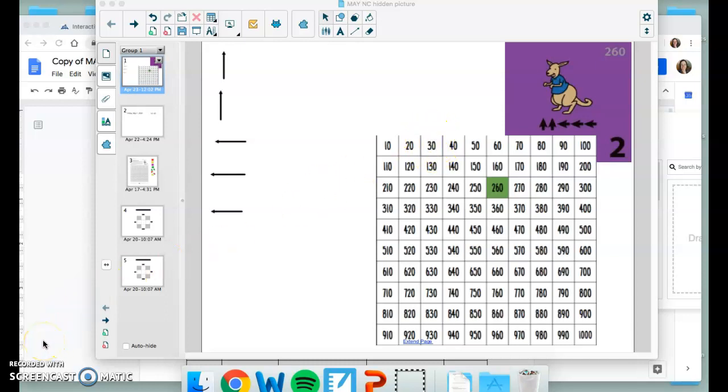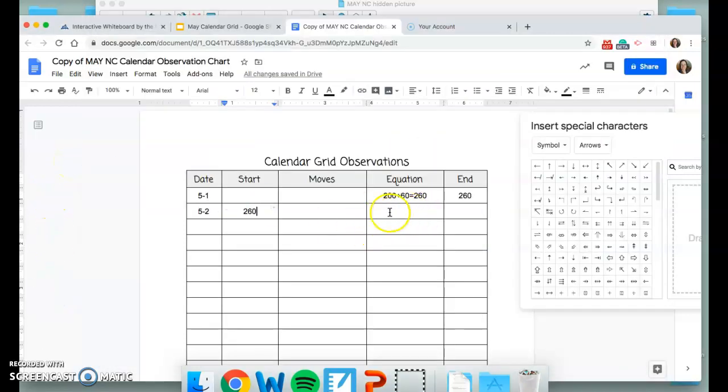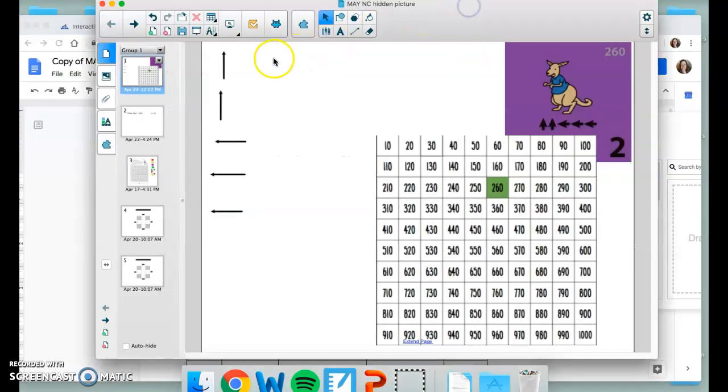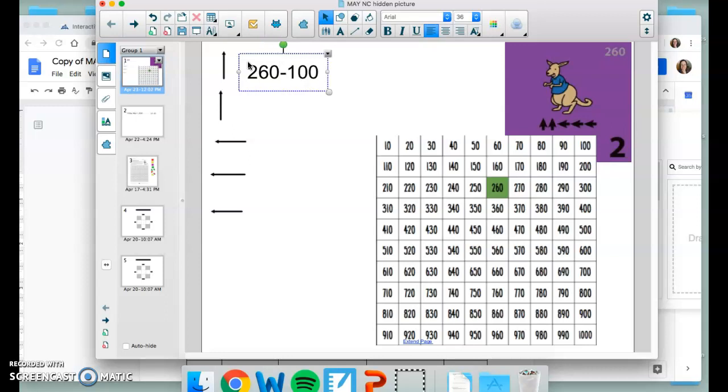Now let's take a look and see what those equations would look like, because one of the things on our observation chart is to fill in the equations. So let's see what equation that might be. Joey started at 260 and he went up 1 row, which is, we remember, saying minus 100. That puts him at 160.